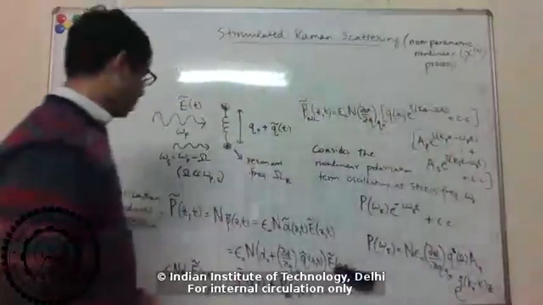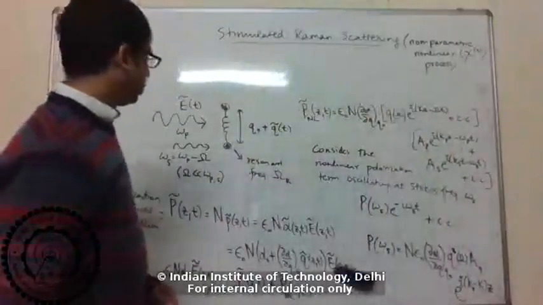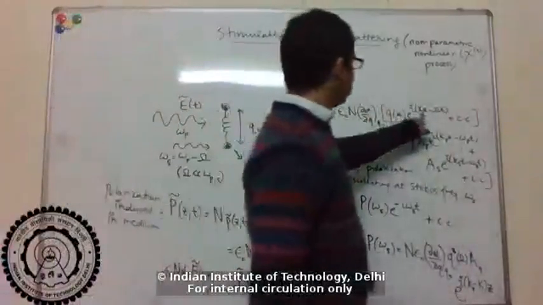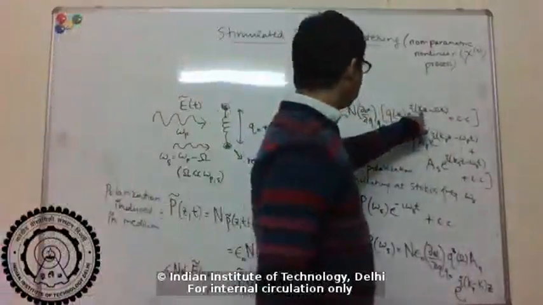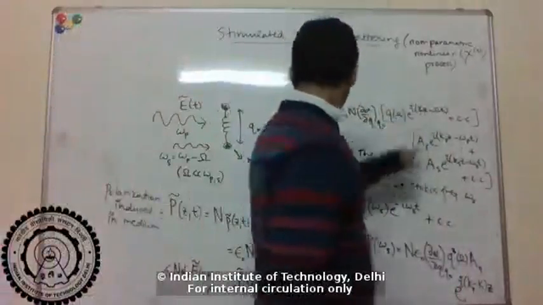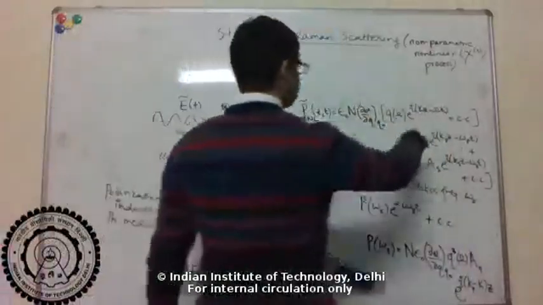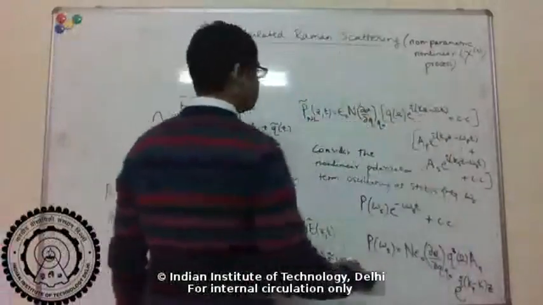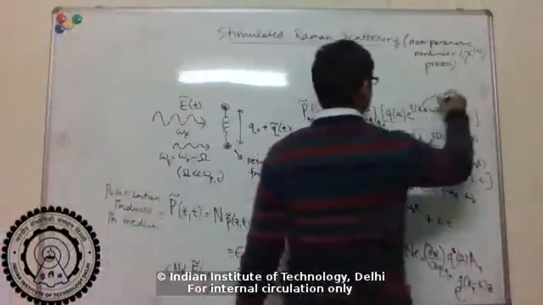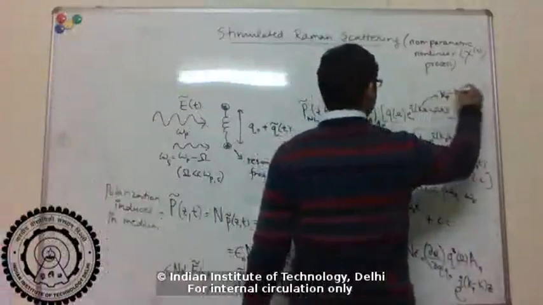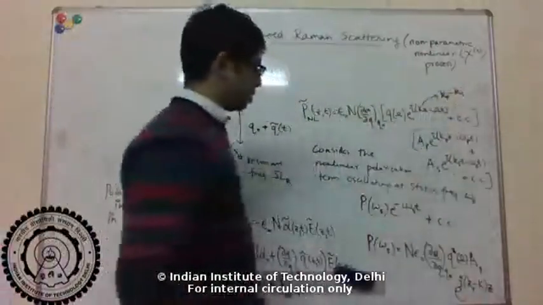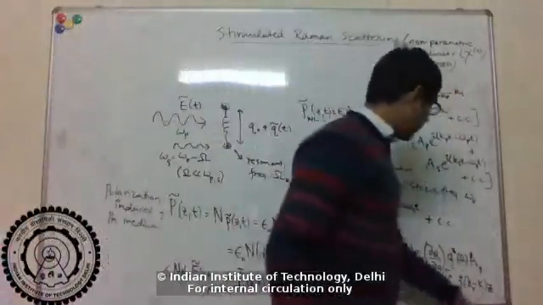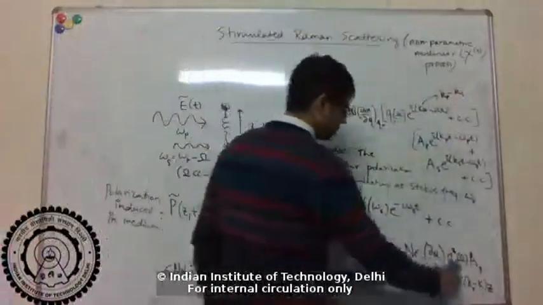Right, but if you recall, by definition we had put this capital K as Kp minus Ks. So Kp minus capital K is just Ks.